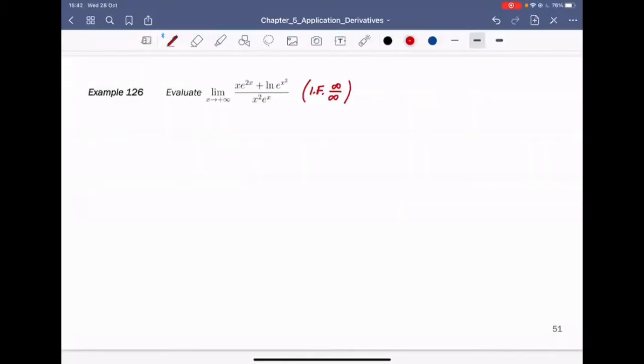Well, before you apply the L'Hopital rule, you can see that you can make it better because here you have log e to the x squared. You can move x squared down. So you can cancel something first. What I'm going to do is copy the question first.